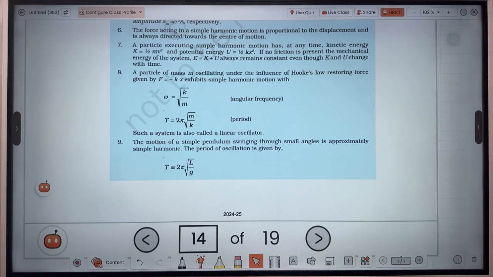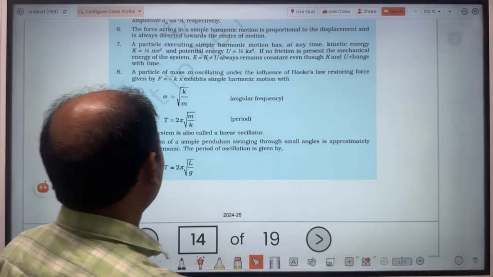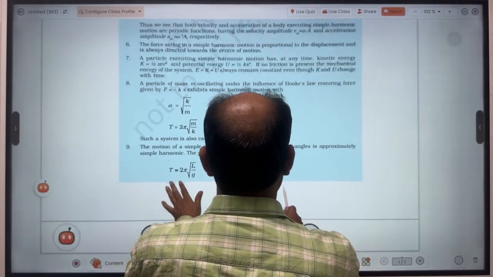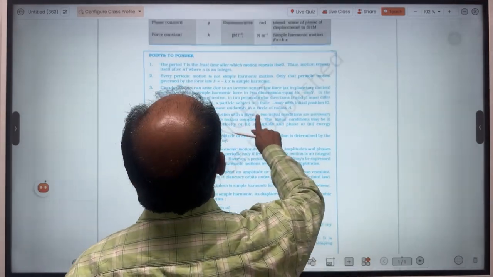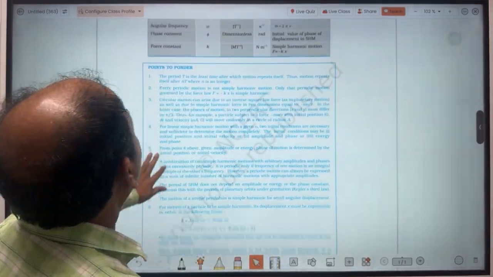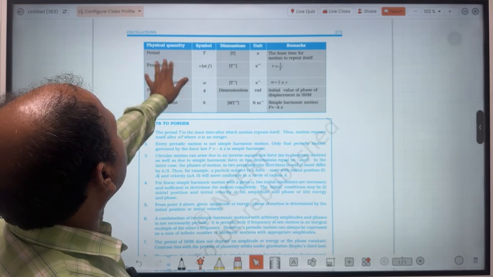Then the motion of a simple pendulum swinging through small angles is approximately simple harmonic. The period of oscillation is given by T equal to 2 pi root L upon g. Now some more important facts are given here.